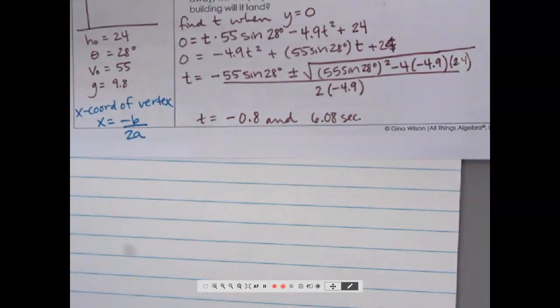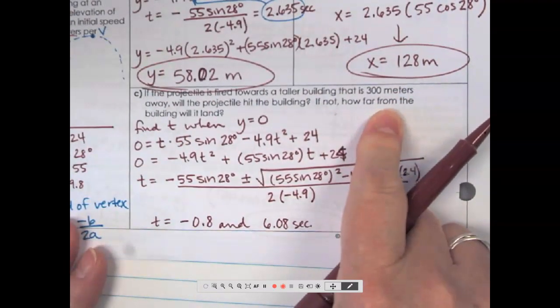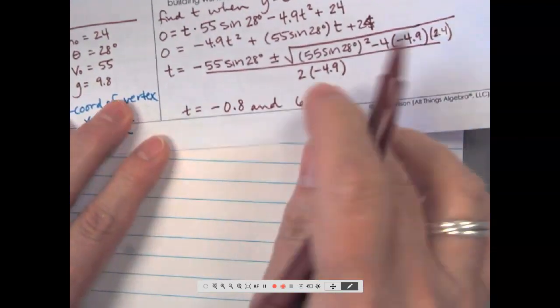Are we getting those answers? Okay. And then finally, did it go 300 meters horizontally? Because if it did, it hit the building. If it didn't, it missed it. So I want to find x at this time.